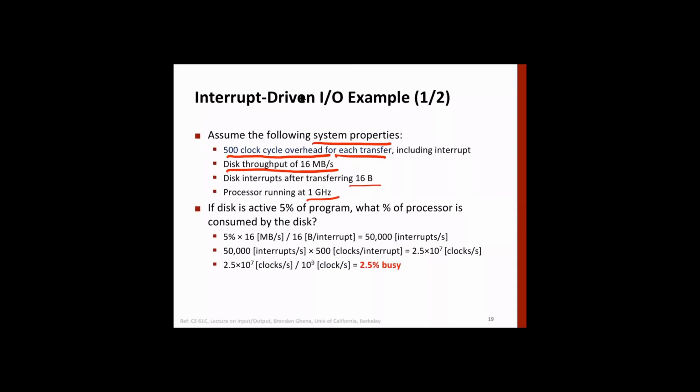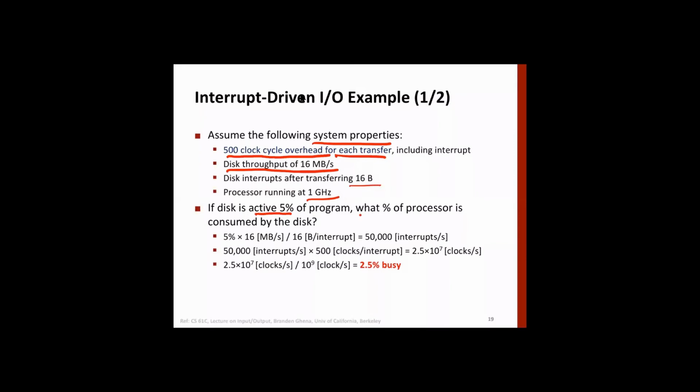Now the disk is not running all the time. Like in your laptop, the disk runs only for a small part of the time, and let's assume it's running only 5% of the time of the program. You're running a program and only 5% of the time is the disk required.